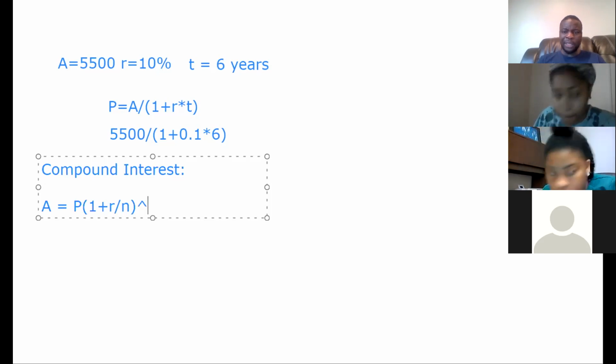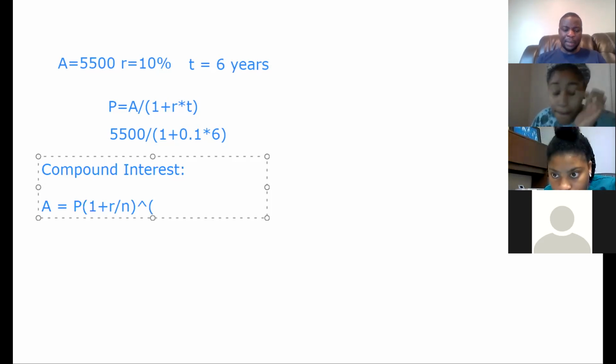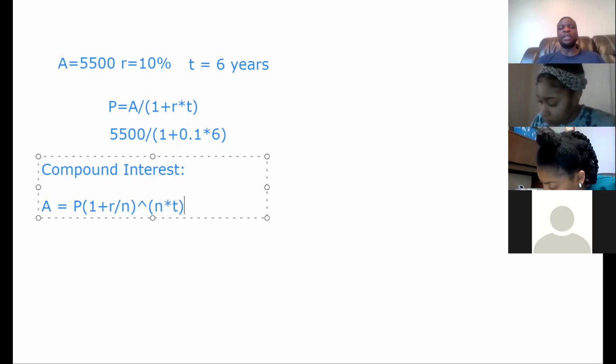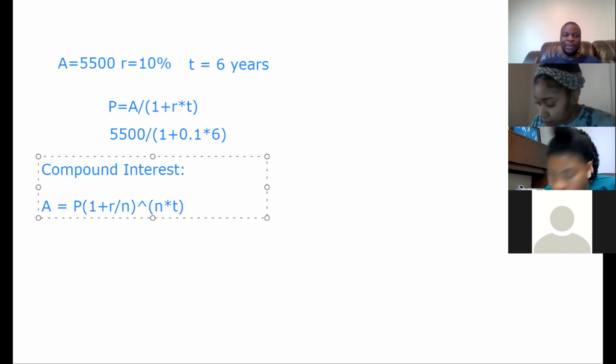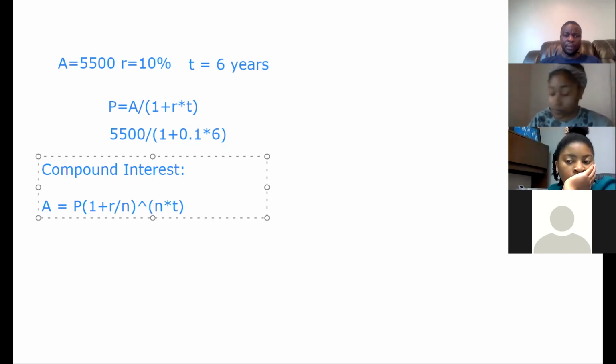You have this symbol here, which is the exponent symbol. Then you open parentheses after the exponent symbol, and you type N times T, and you close parentheses. This is literally how you type it in the calculator. So P, open parentheses, 1 plus R divided by N, close parentheses, exponent symbol, open parentheses, N times T, close parentheses. That's what I'm going to use to solve this problem.